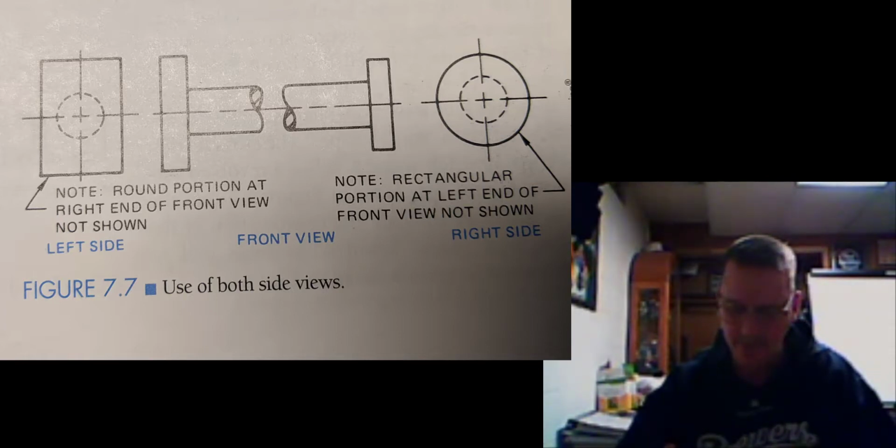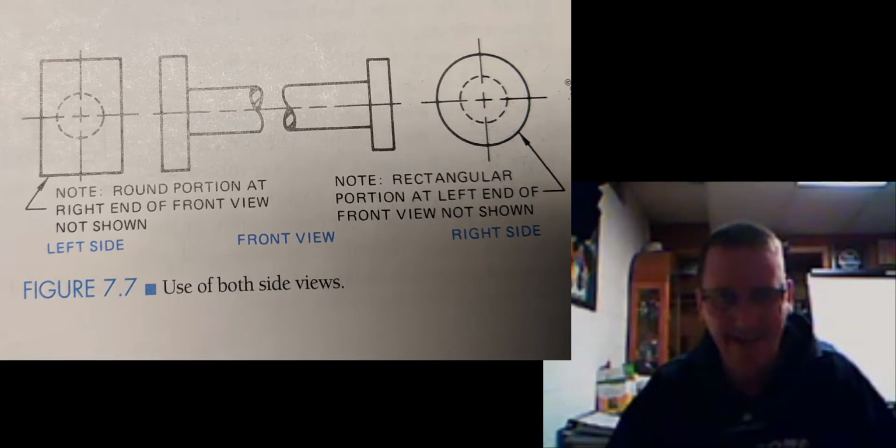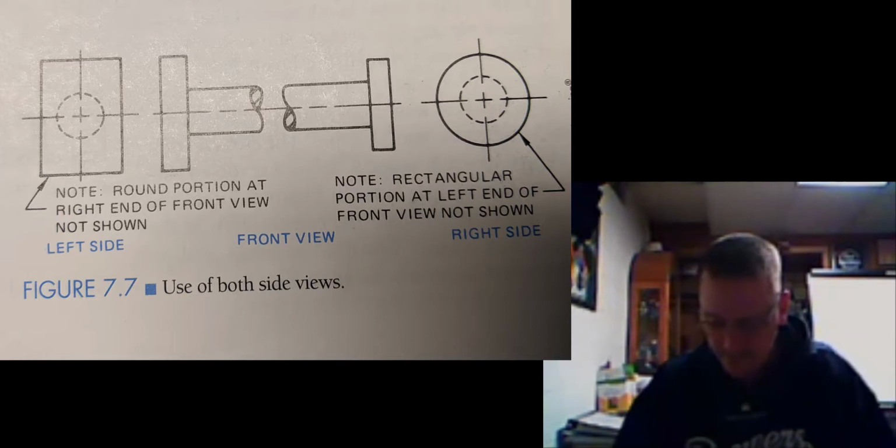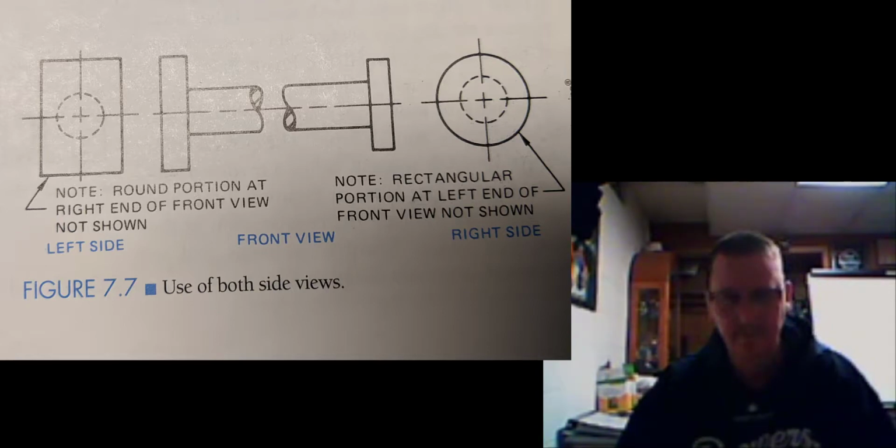On the left side viewpoint, that left side end looks like a rectangle, and there we have the hidden lines showing the tubing or the pipe in the middle.